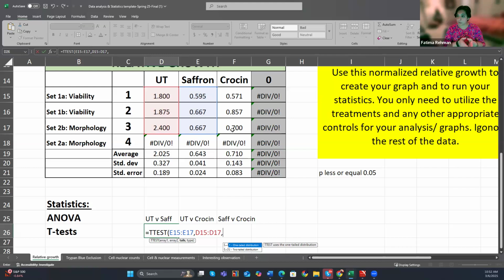So you are saying that my samples, when treated with the drug, are going to grow less, are going to die more, or whatever, right? On the other hand, in a two-tailed distribution, you know that they're going to be different, but you don't know how, or you haven't postulated on how. So you are saying that I think saffron treated samples will behave differently, but you are not sure whether they are going to grow more or die more, right?